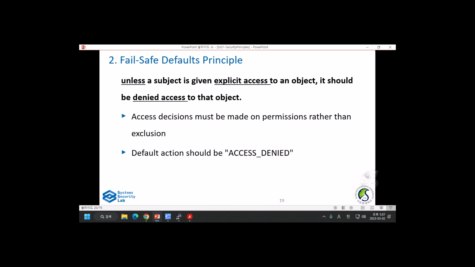So that example I just explained is a combination of number 1 and number 2, least privilege and fail-safe default. And access decisions must be made on permissions rather than exclusion. So basically this says the default action should be access denied.